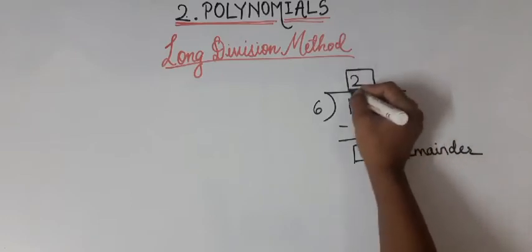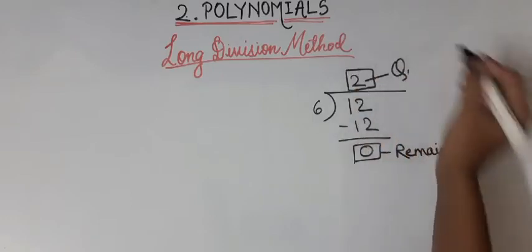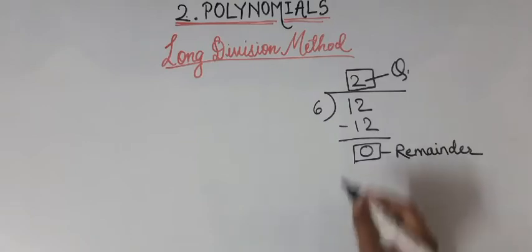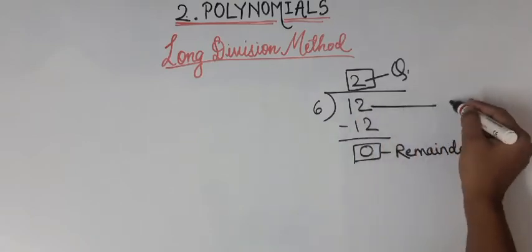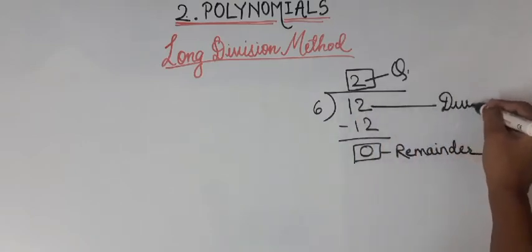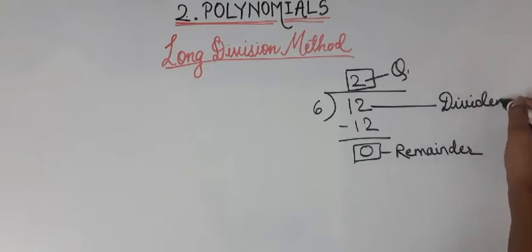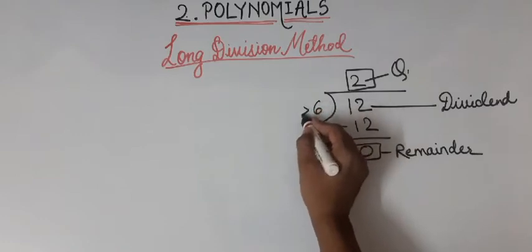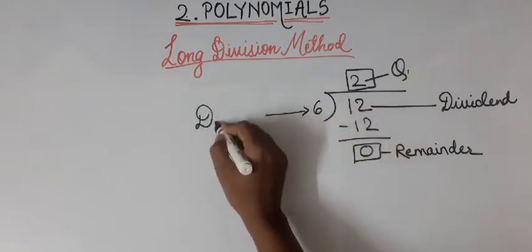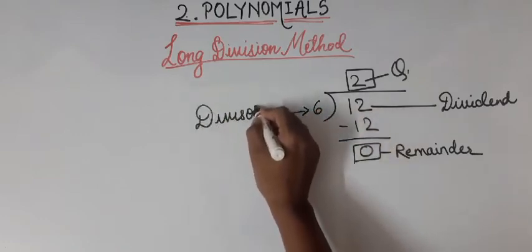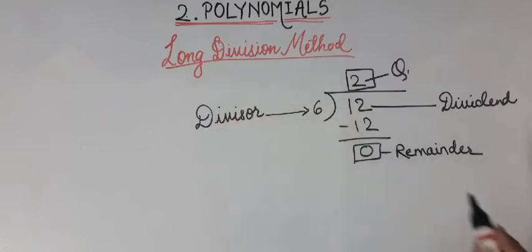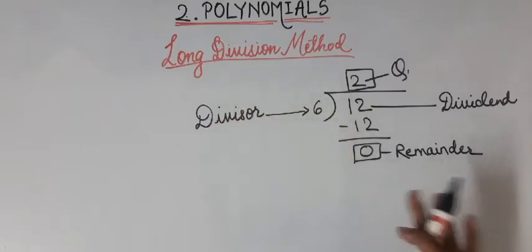Here this 2 is the quotient, 12 is the dividend, and this 6 is the divisor. I have just taken this small example to make the terms clear.